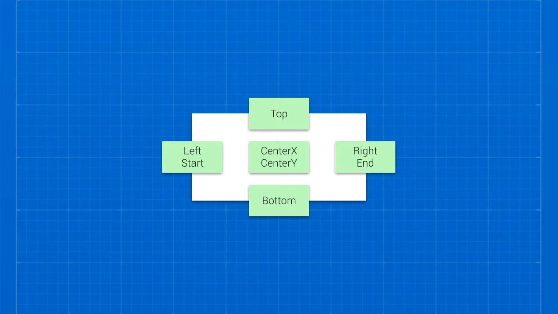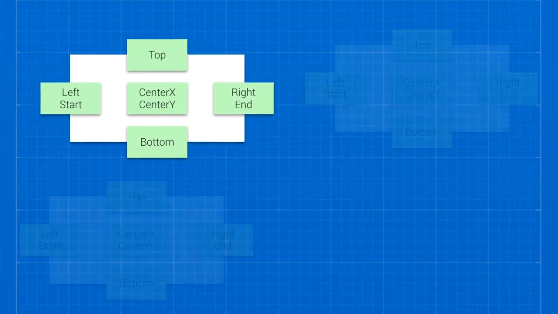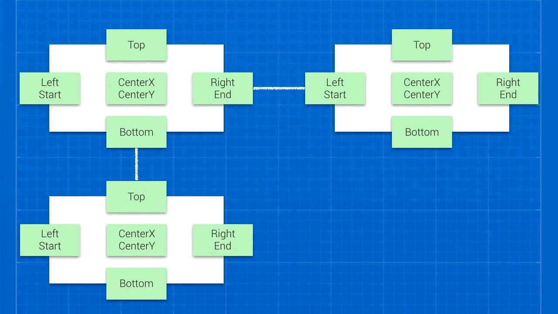And all of these points are added to every view that's put inside of a constraint layout. And then your job as a developer is to make the connections where you want them to go. Okay? So for an example here, I've got a couple views inside, and 2 views are constrained together on the right and left side, and we've got another set of views down here that are constrained at the bottom and the top.